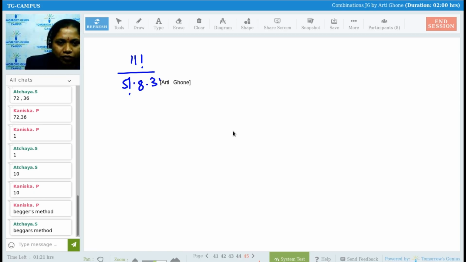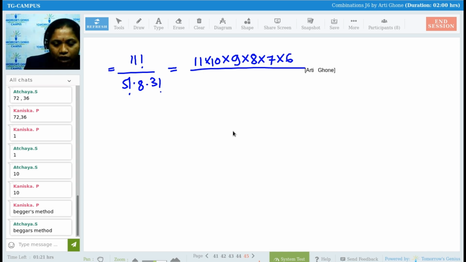So it is equal to 11 factorial, or you can just resolve 11 as 11 into 10 into 9 into 8 into 7 into 6, upon 5 cancelled. So it is 3 into 2 into 8. 8, 8 directly cancel, 3 into 2 directly cancels the 6. Now tell me the answer of 11 into 10 into 9 into 7.